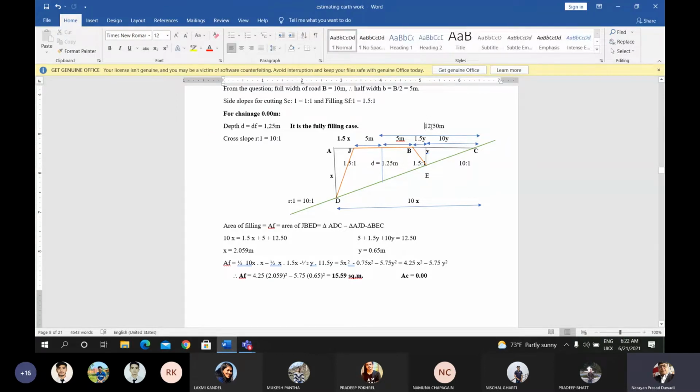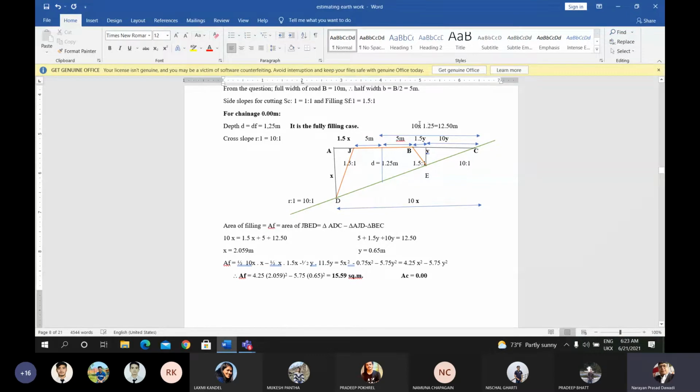Okay, this value will be 10 into 1.25. I have given this value directly here. Into 1.50, you will get the value of 12.5 here.